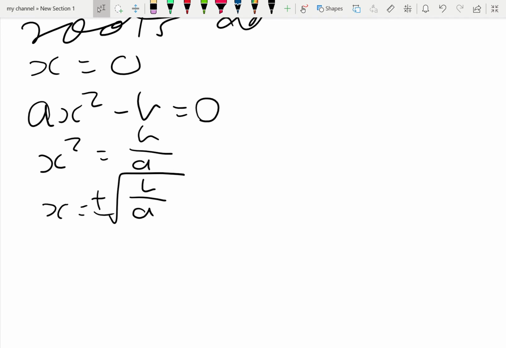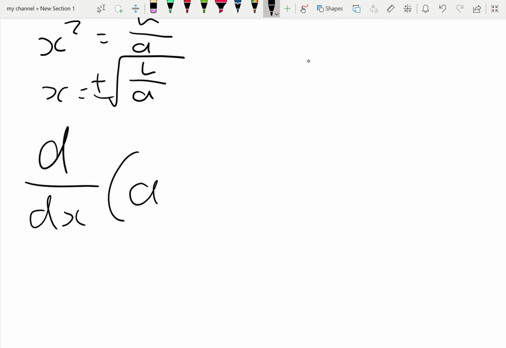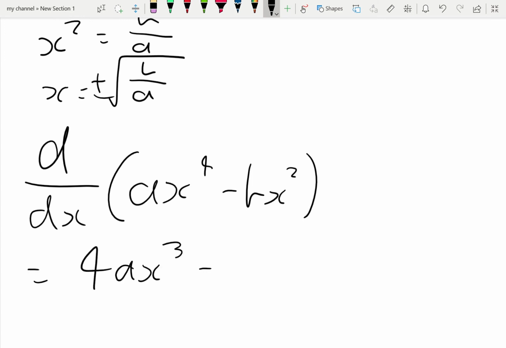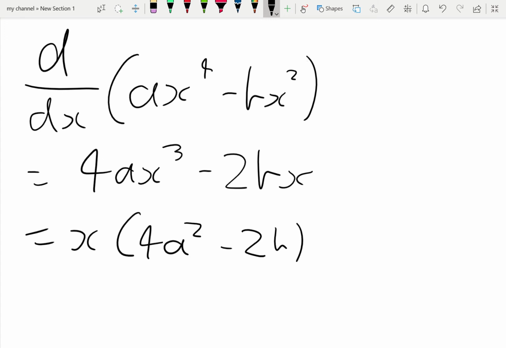Now, we want to find the stationary points. We're going to differentiate this equation, so that's d/dx of ax to the 4th minus bx squared, which gives 4ax cubed minus 2bx. We can simplify that. We get x times (4ax squared minus 2b).